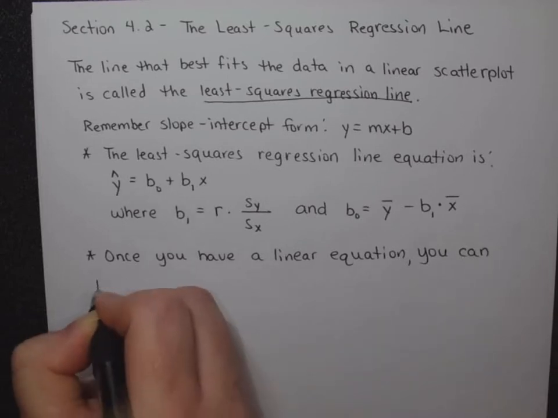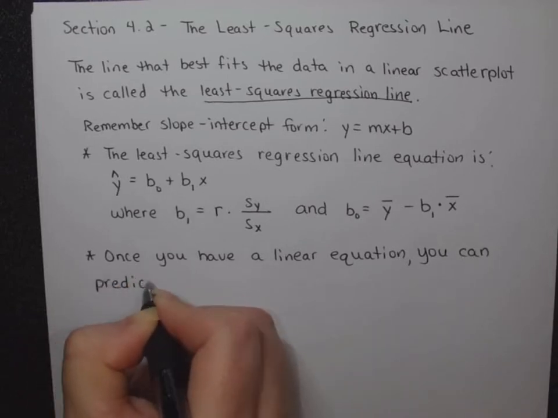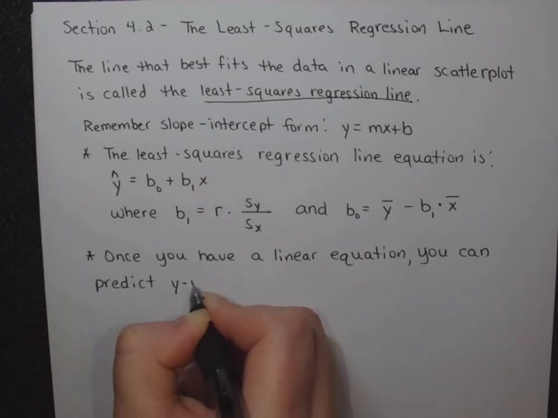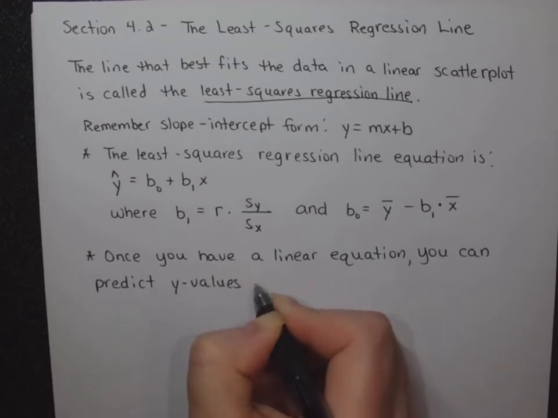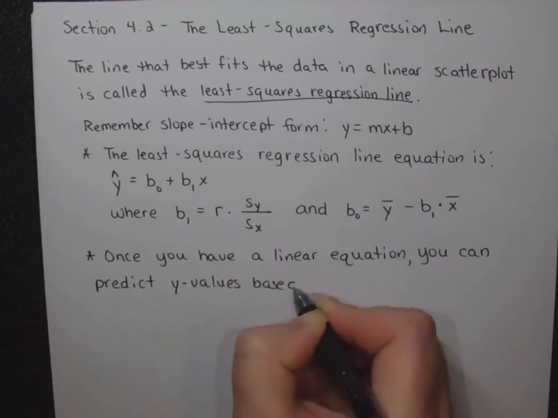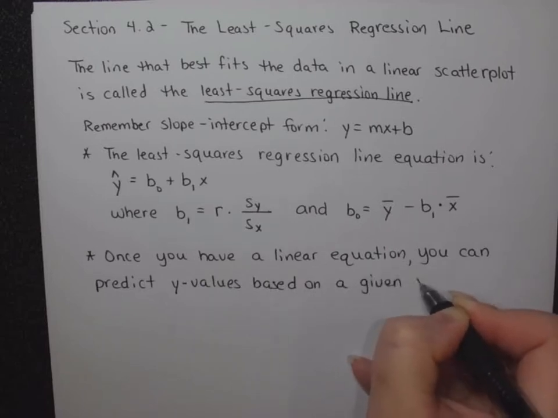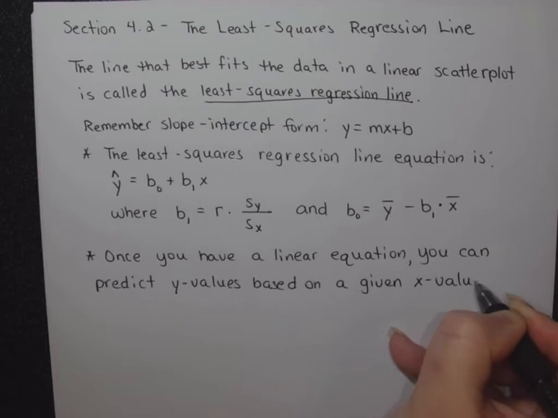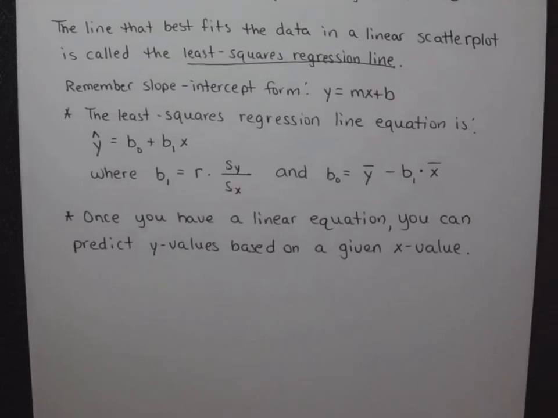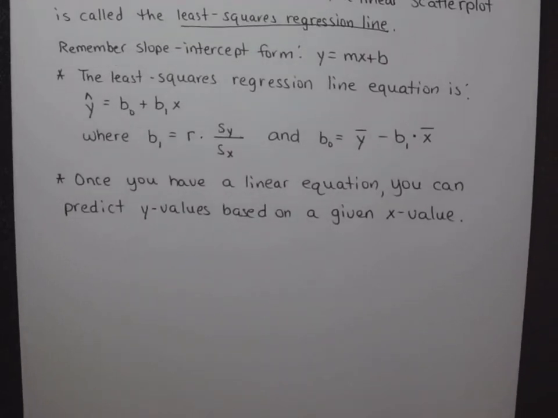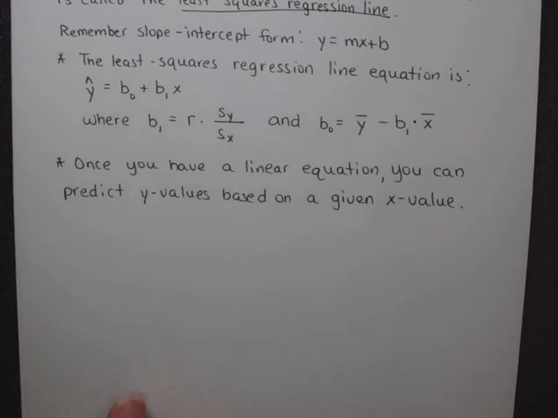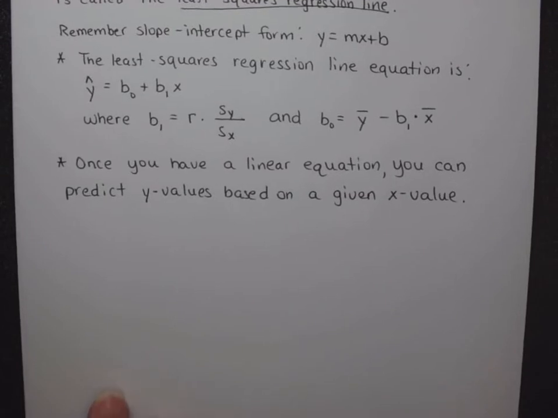Once you have a linear equation, you can predict future y values based on any given x value. This kind of prediction method is used in real life data all the time. Maybe you've collected data from a whole lot of sources, but you want to use that data to predict what future values you're going to get.